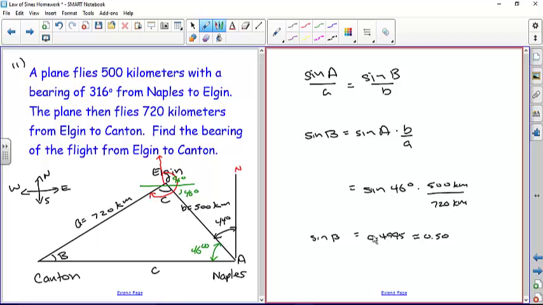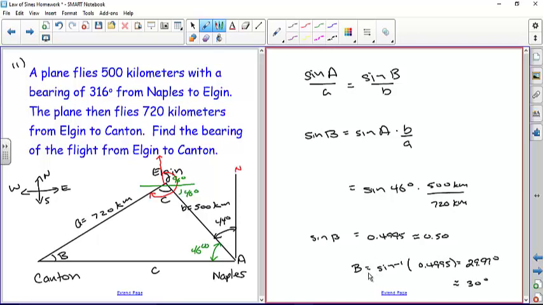The inverse sine of 0.4995, and what I get is 29.97. So I'm going to say that's approximately equal to 30 degrees.